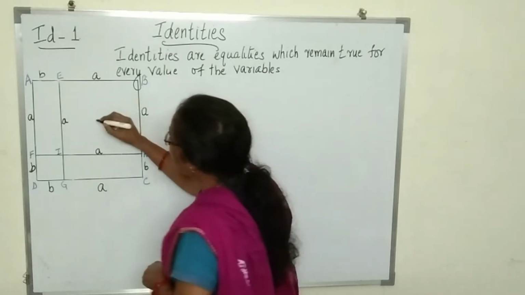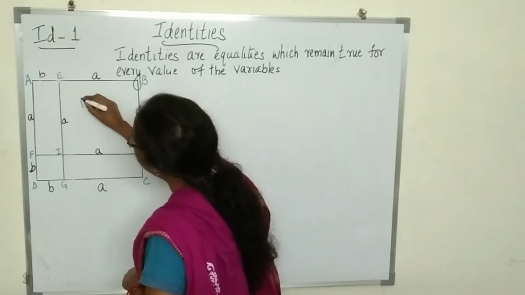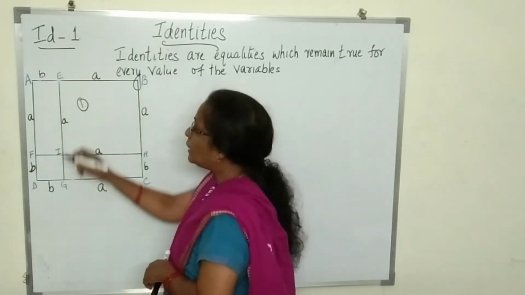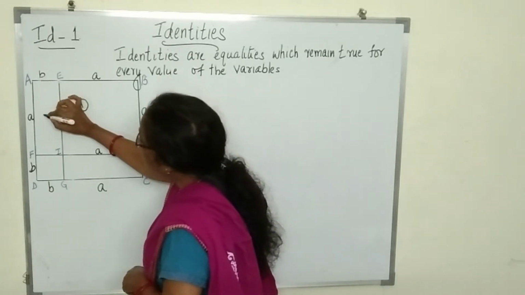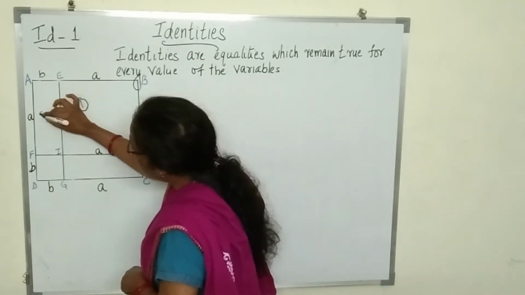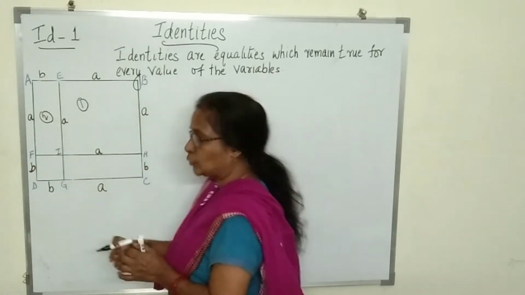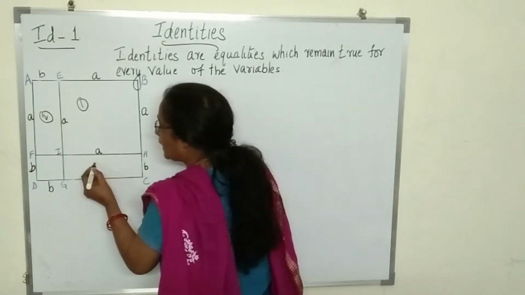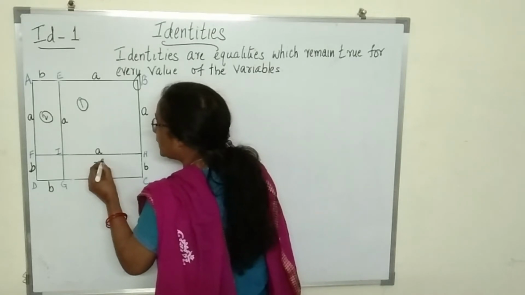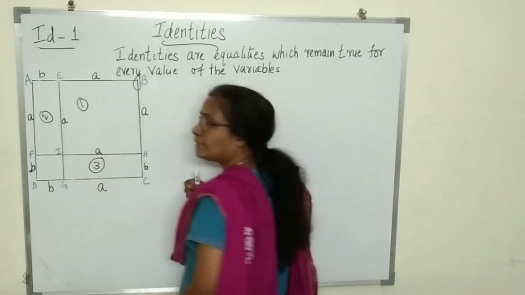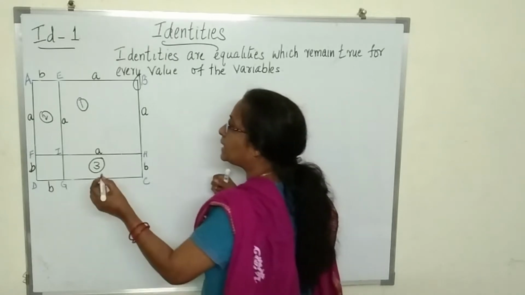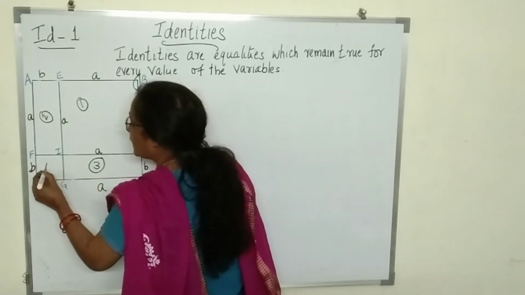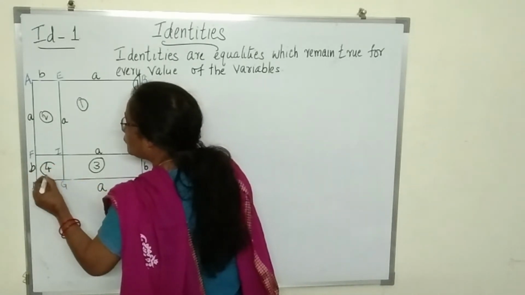Let us mark it as number 1. Now this is a rectangle. Mark it as number 2. There is another rectangle here. Let us mark it as number 3. And there is another square here. Let us mark it as number 4.